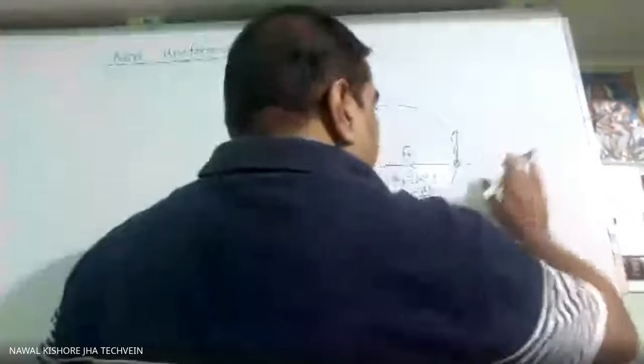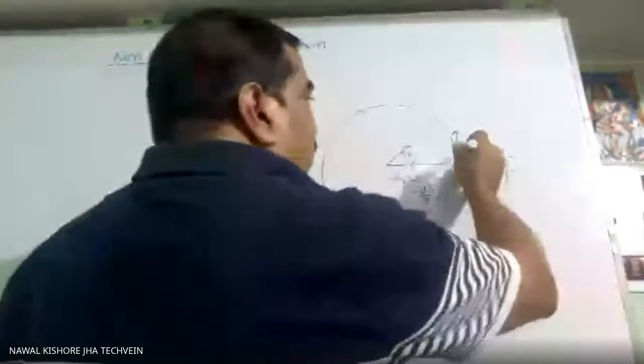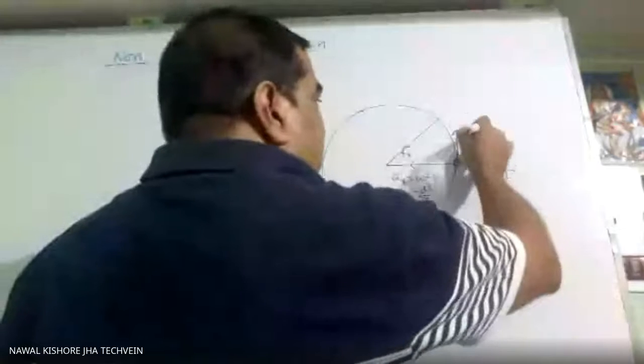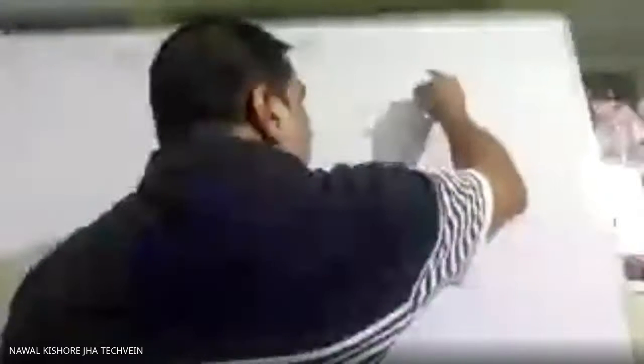In case of non-uniform circular motion, what will be? The initial velocity of the particle is u. Naturally, the final velocity will be v, and this v will not be equal to the magnitude of u.